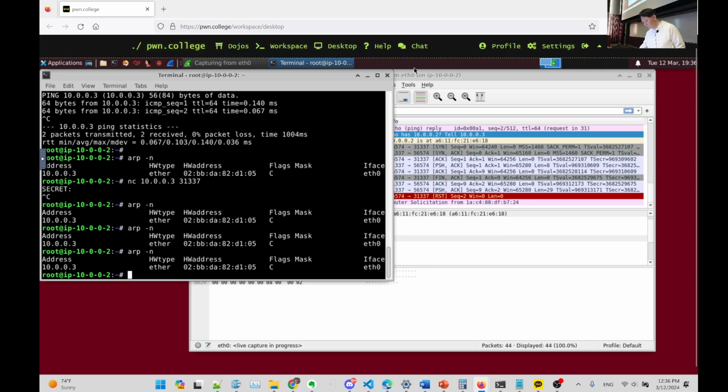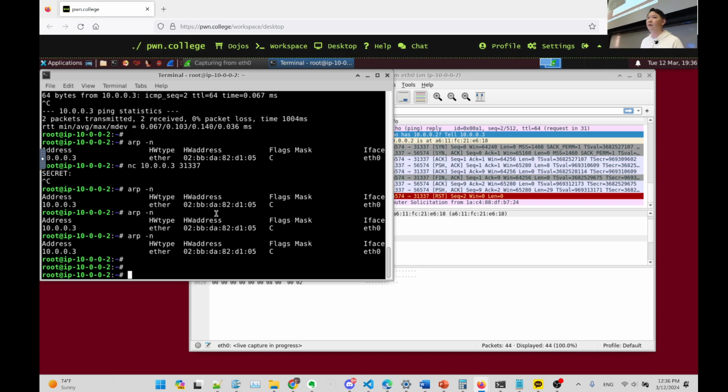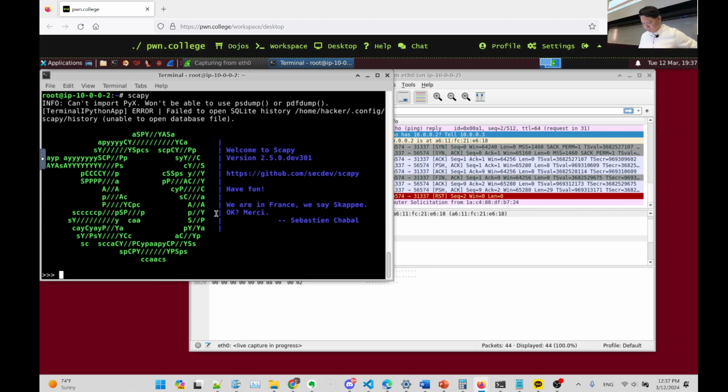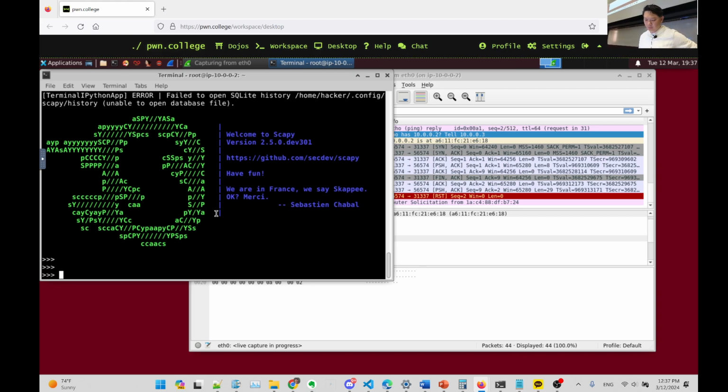Good. So let's go to Scapy to make the ARP packet with Scapy. Okay. How can we see the structure of the ARP packet? ls(ARP).